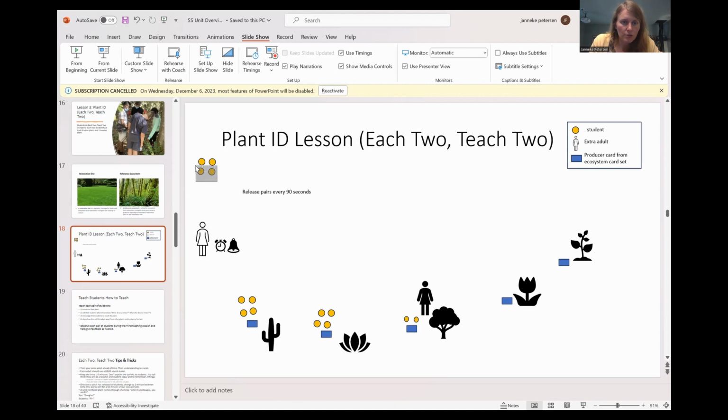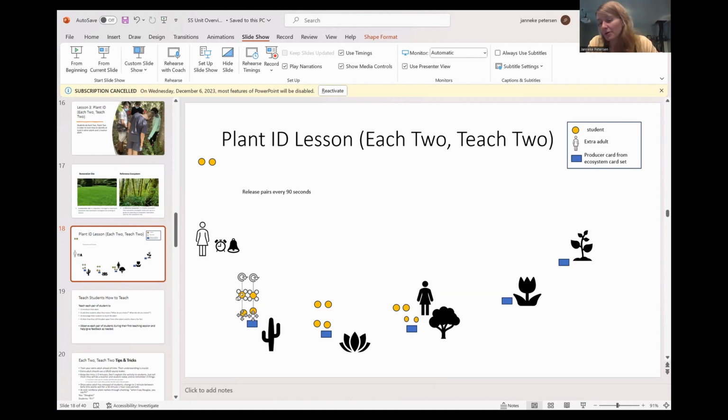And your extra adult has released the next pair of students, and they are walking down the trail to learn about their first plant. These guys have also heard the bell, and so they're walking down the trail. So these guys are walking here. These guys are walking to this plant. They're just walking to the next plant on the trail. And this pair of students, which have just been released, are coming to learn about their first plant.